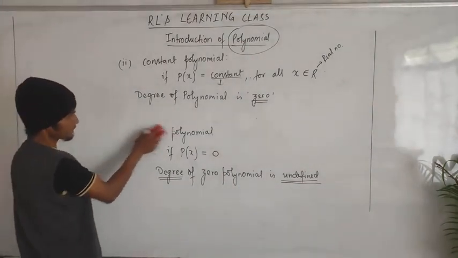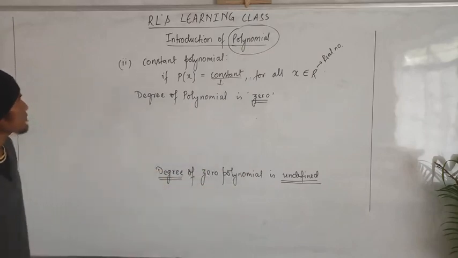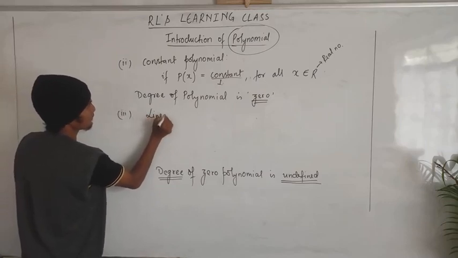Then we come to number 3, linear polynomial.